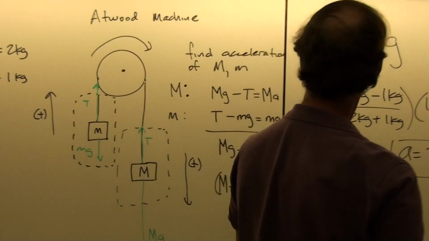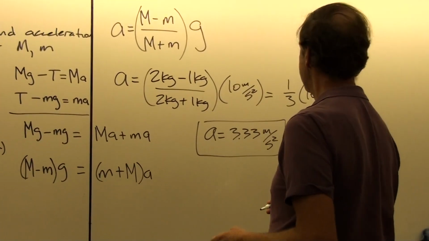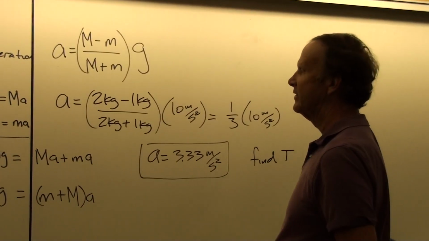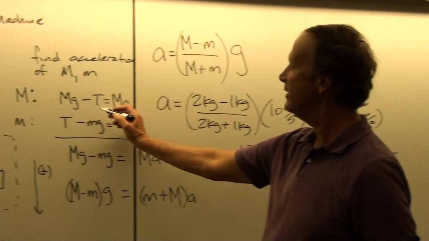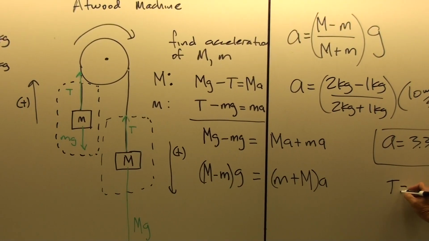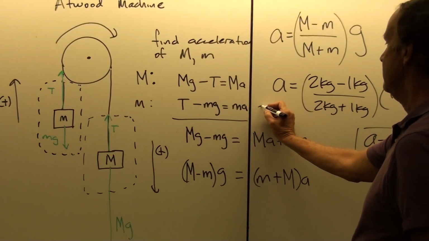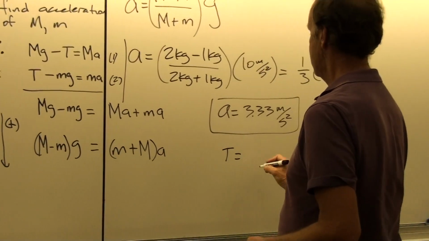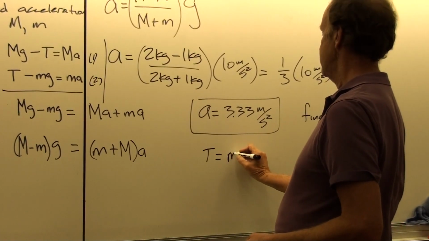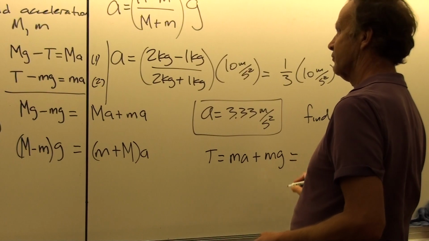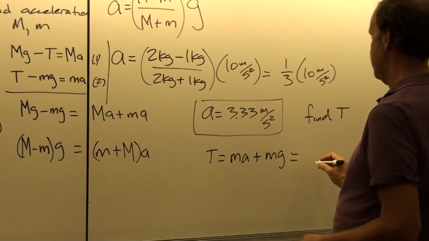Okay. And so now, if we wanted to, we could find the tension. How would we find the tension? Well, we could go to either one of these original equations and plug in for the tension. So if I use equation 2 here, then we'd have T is equal to mA plus mg, or little m times A plus g.